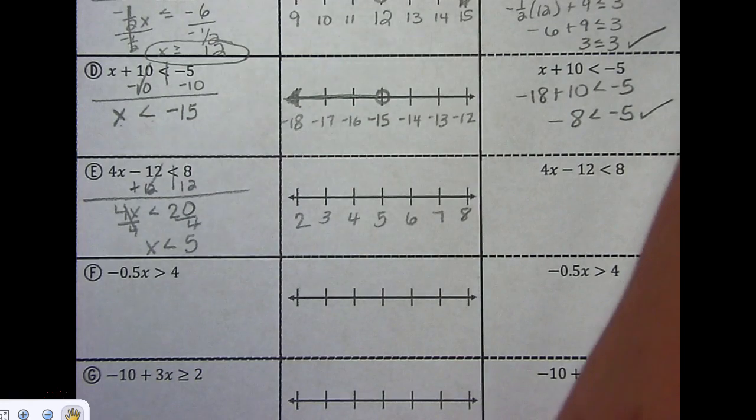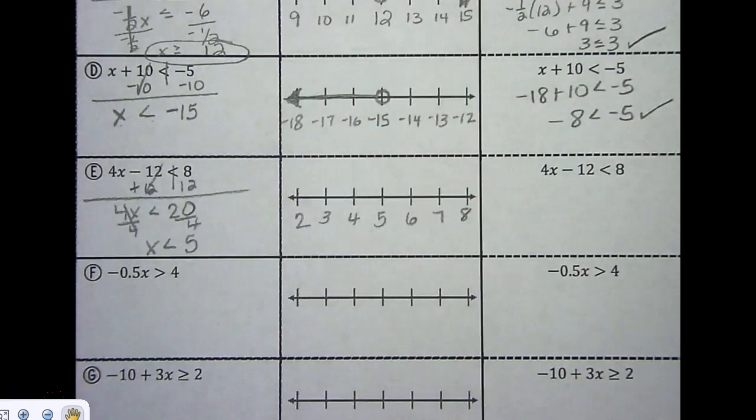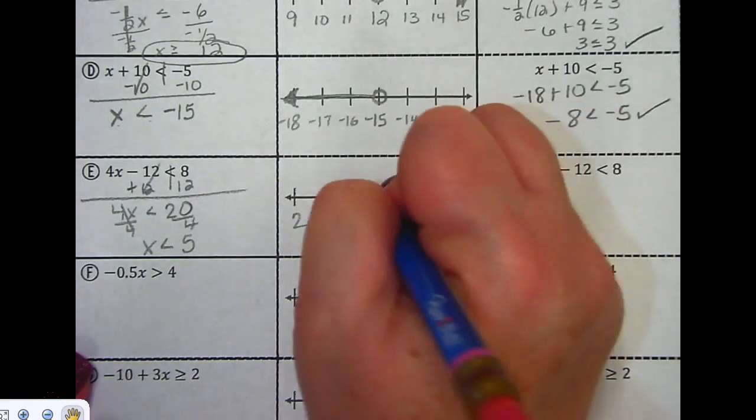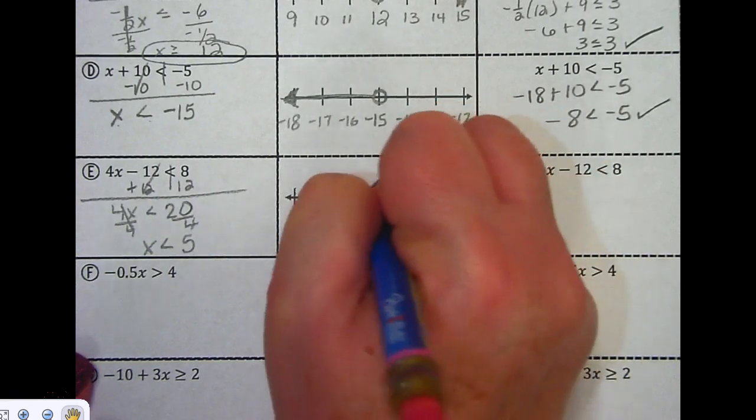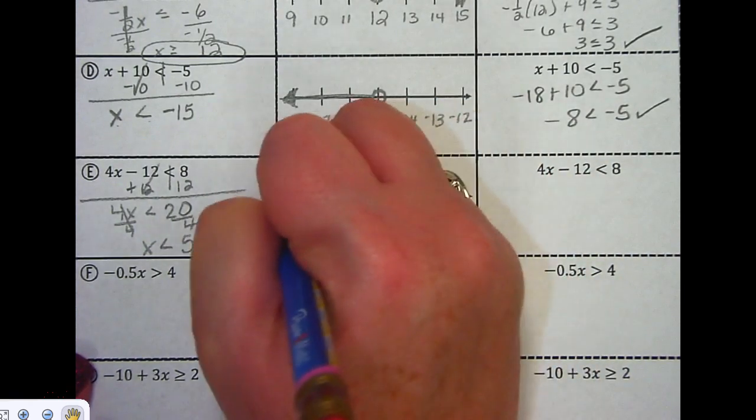All right, open or closed circle? If x is a number less than 5, open or closed? Open. And go that direction.